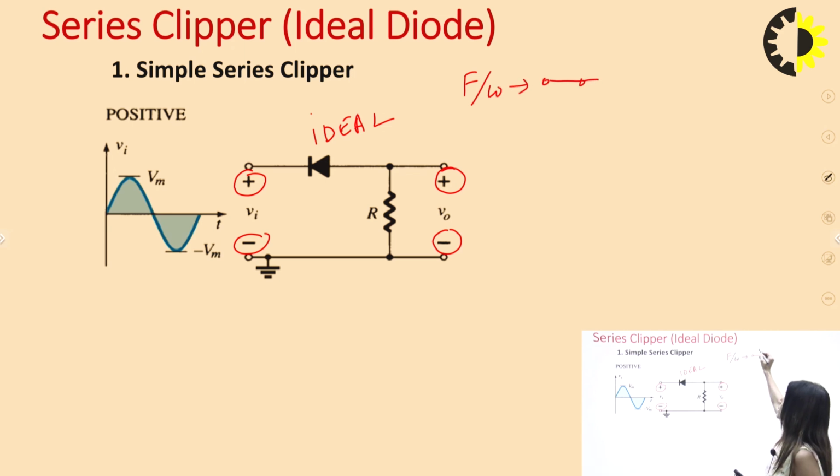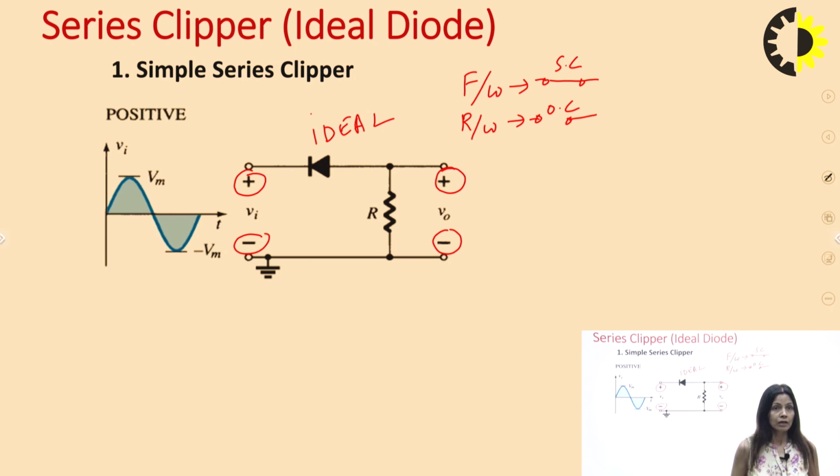Whenever this ideal diode is reverse biased, it works as an open circuit. That we should remember. Now, the job is to find out for which part of the waveform the diode is forward biased and for which part it is reverse biased. This is the basic focus point we need to identify. Once this is clear, then everything is fine.